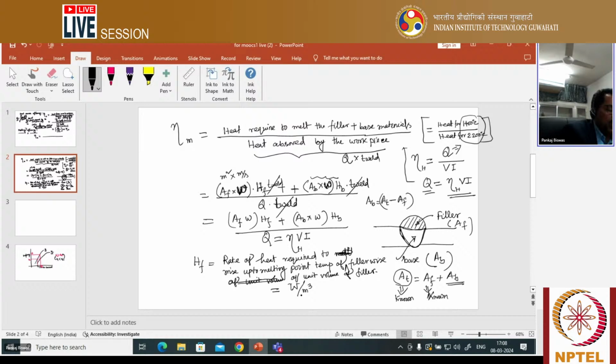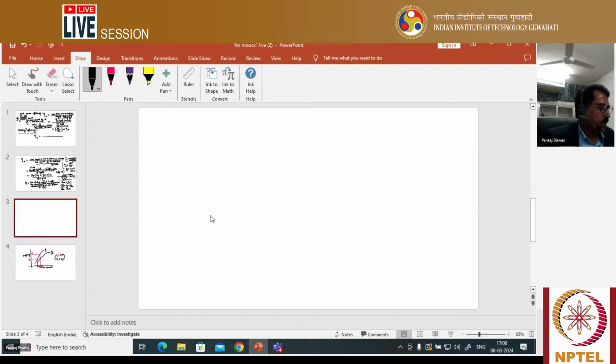So HF unit is watt per meter cube, as I have already told you. That means for melting the filler material.